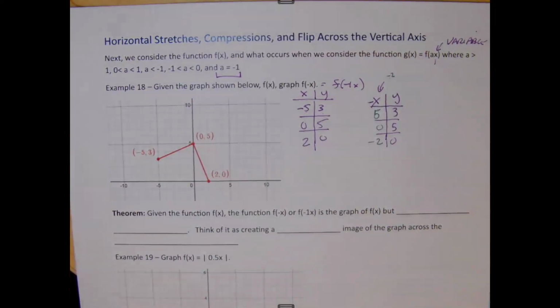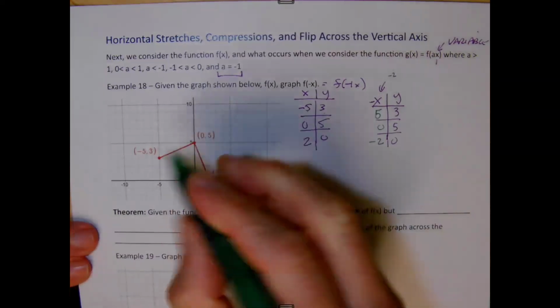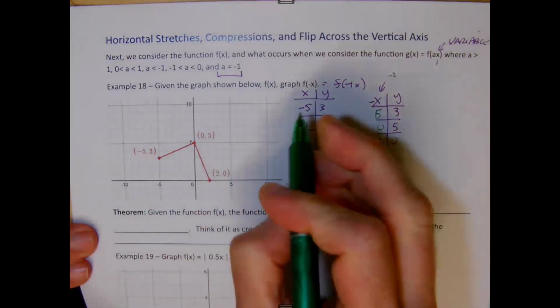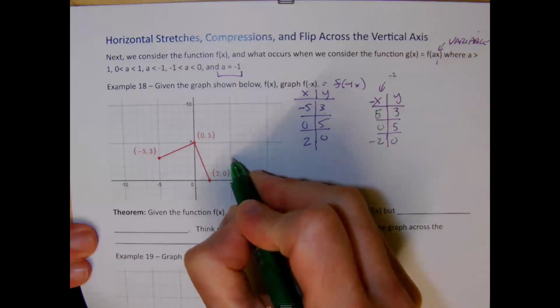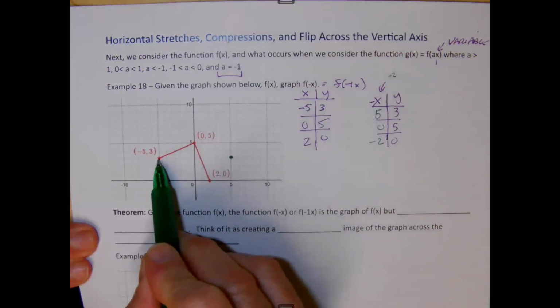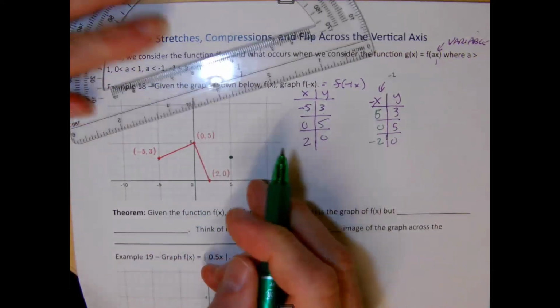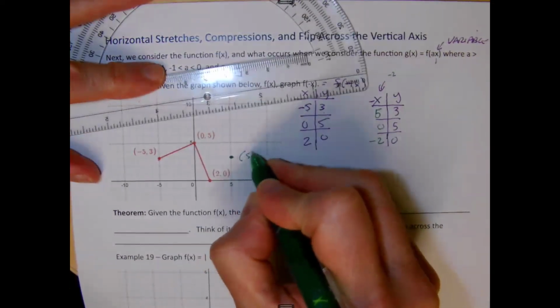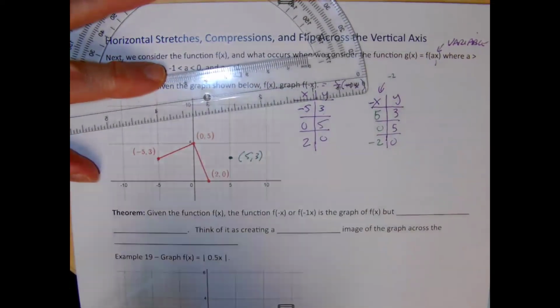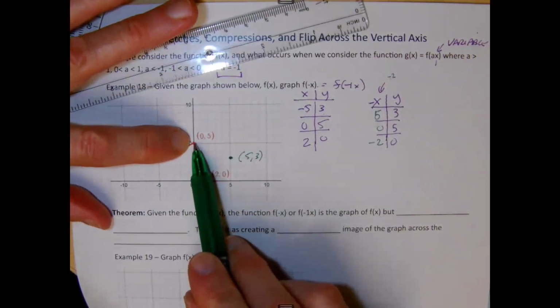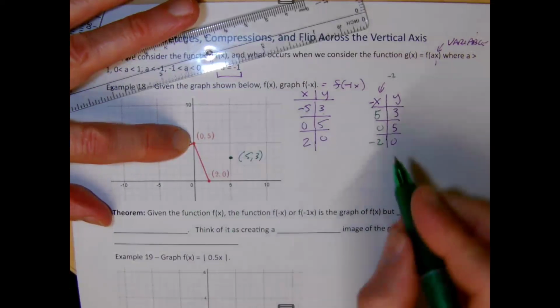So what happens when I do that? Well, let's graph and find out. -5, 3 goes to +5, 3. So in fact, notice this, it moves across the horizontal, meaning the y hasn't changed. 0, 5, well, because it's right on the vertical axis, it stays exactly the same.